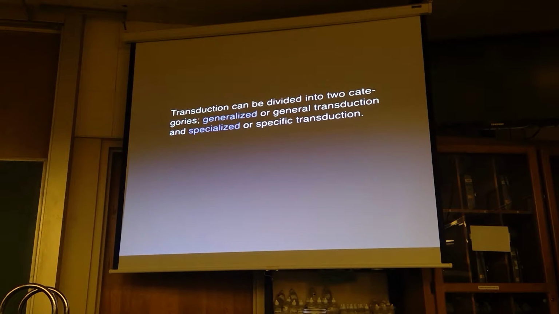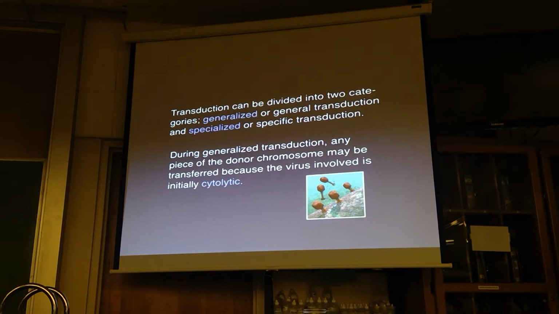The other thing, we can divide transduction into two categories. There's generalized transduction versus specialized or specific transduction. And this has to do with what state the virus is in before it's engaging in transduction.